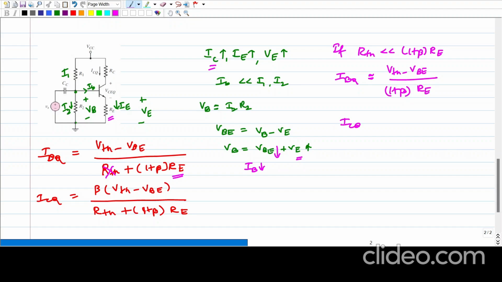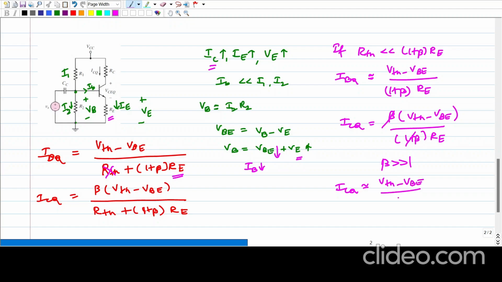So what is ICQ? It is beta IBQ. So beta times VTH minus VBE divided by (1 plus beta) RE. If beta is larger than 1, so 1 plus beta is approximately equal to beta, then this will get cancelled. So ICQ is approximately equal to VTH minus VBE divided by RE. Now we have the IC current equation which is independent of beta. This is one of the main design equations.